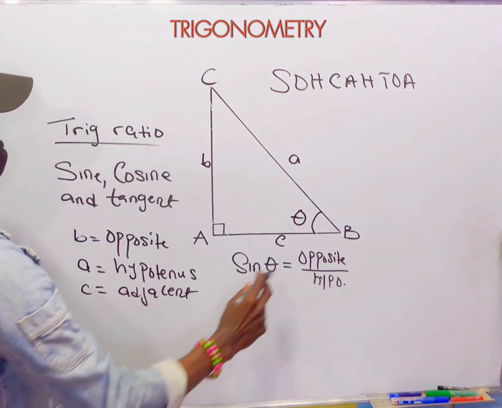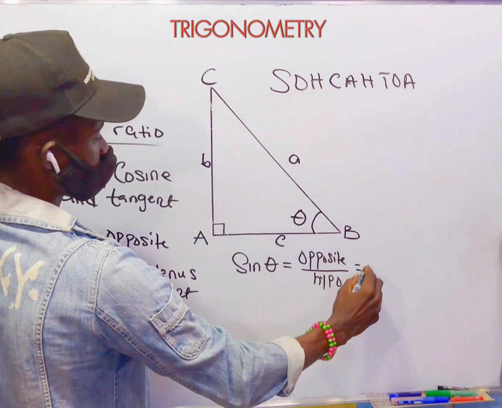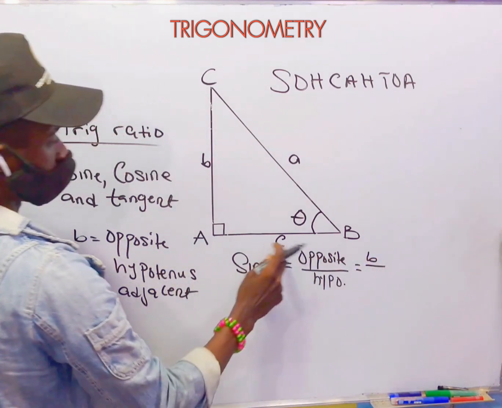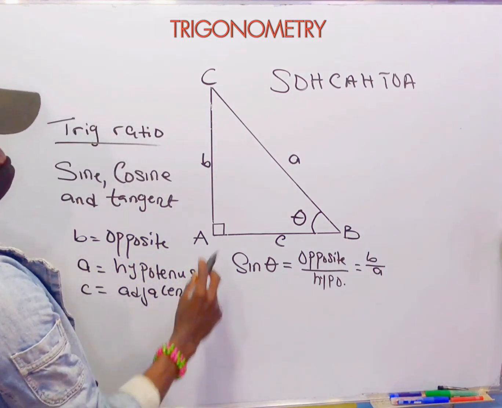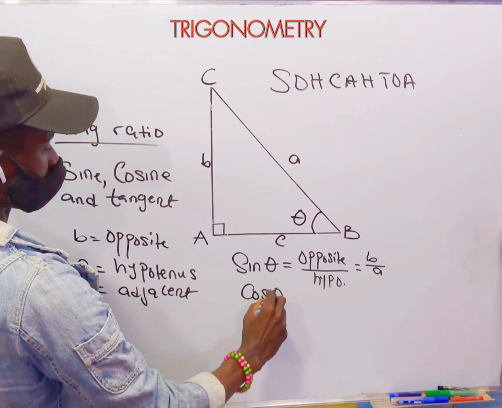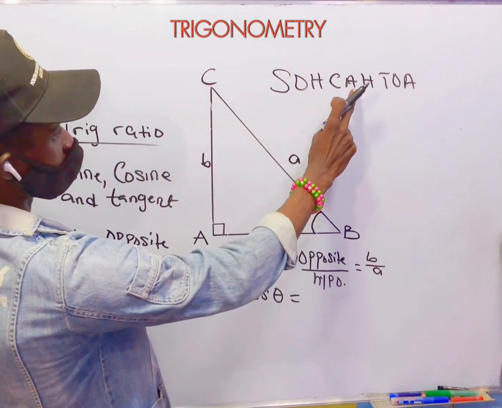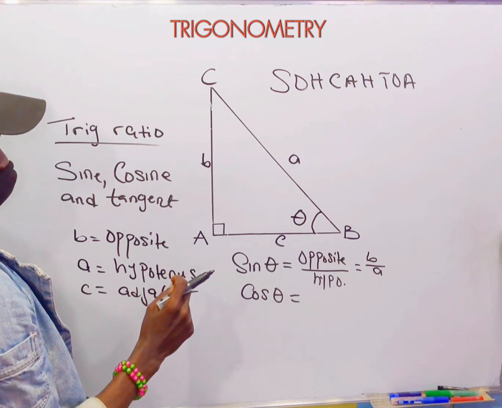Our opposite of theta here is B, over hypotenuse here is A. Cosine theta, let's call it cos theta, which is CAH, adjacent over hypotenuse.